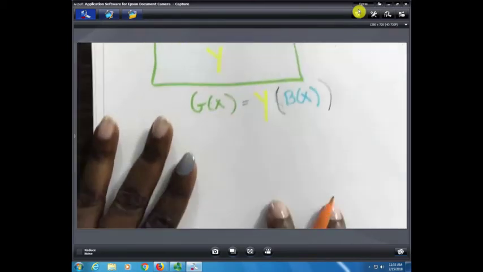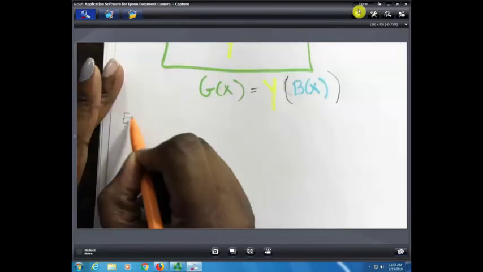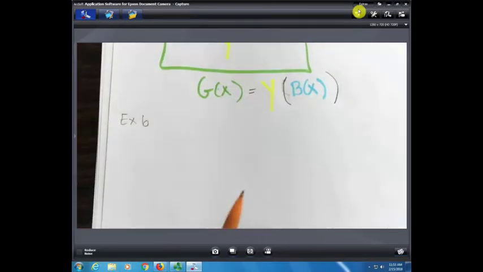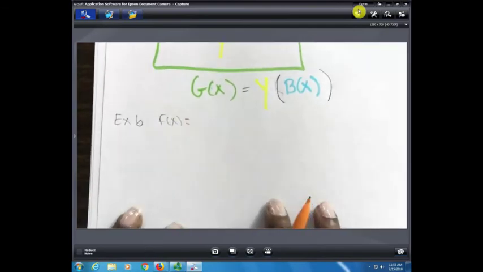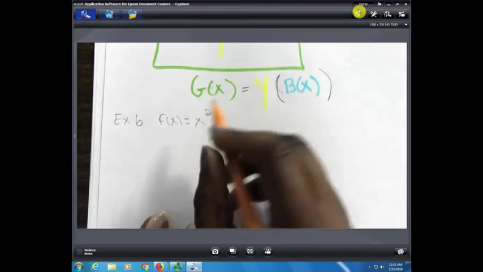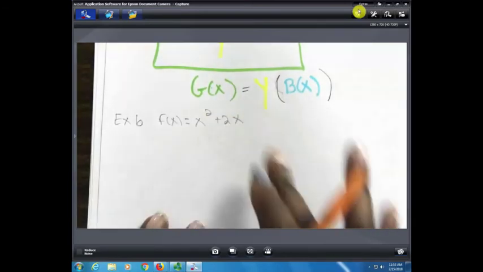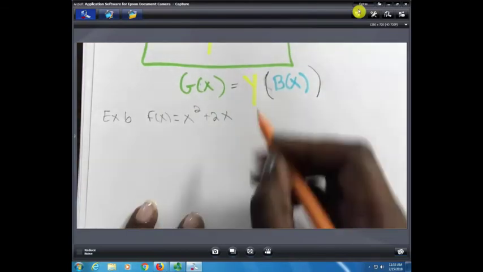All right, so example 6 here. Let's look at this just with some letters and numbers, some algebraic expressions. So f of x is equal to x squared plus 2x.